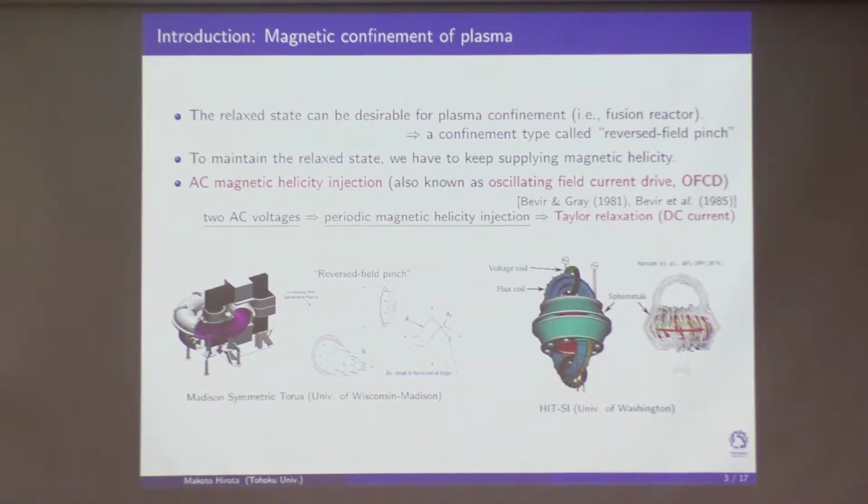We need to apply 2 AC voltages to the plasma, and these 2 AC voltages are suitably phased to inject magnetic helicity into plasma. This is periodic magnetic helicity injection, but because of this injected helicity, we can expect the Taylor relaxation, and as the relaxed state, we will observe the DC current.